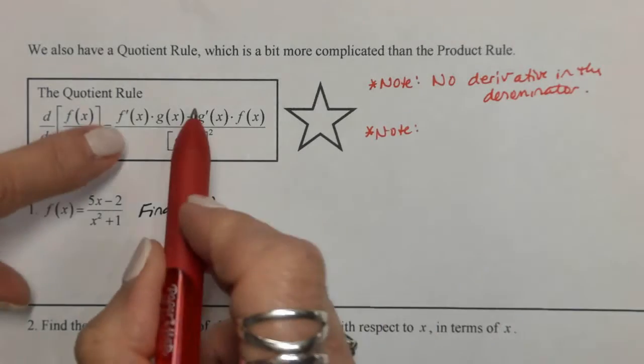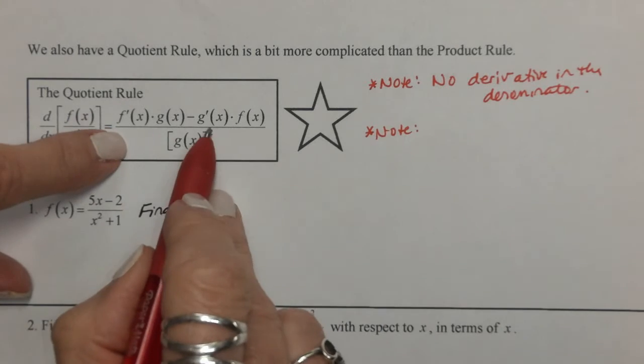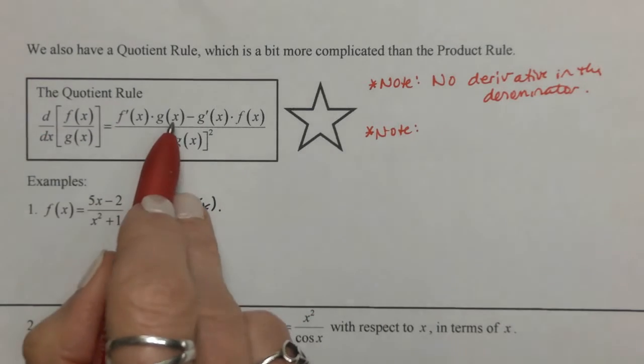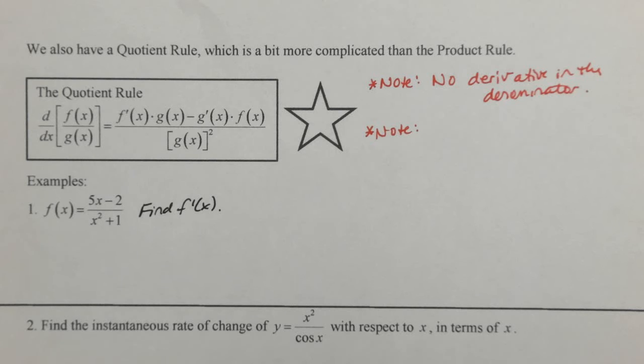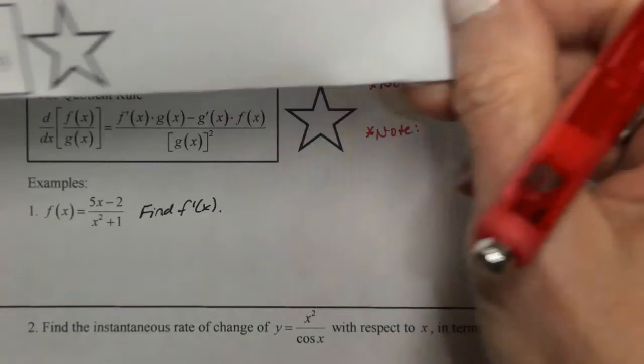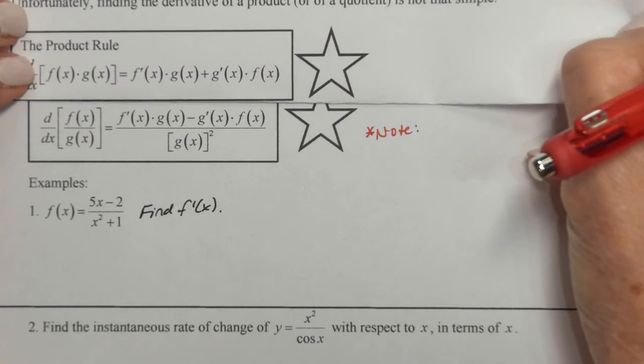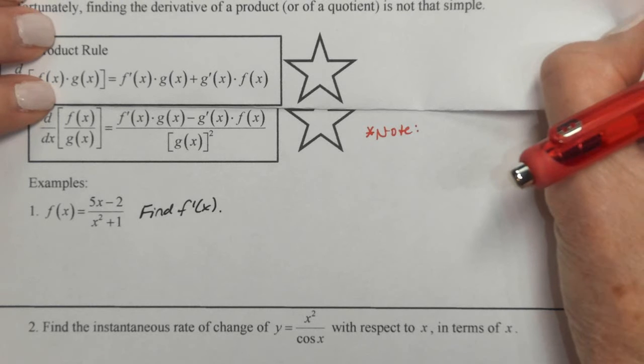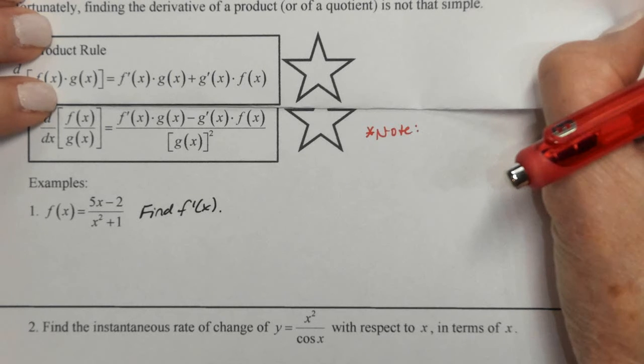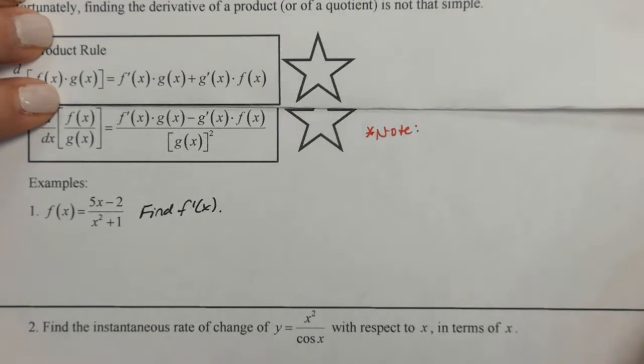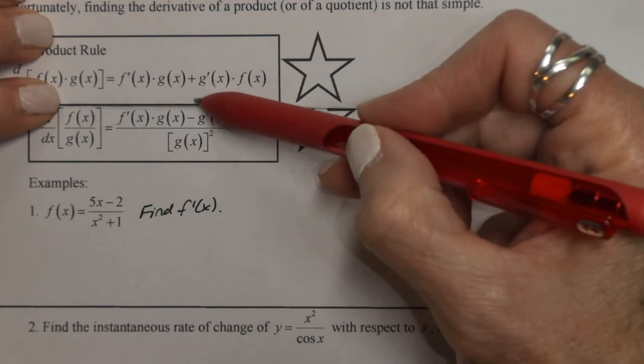In the numerator is identical to the product rule. Let me get the product rule up here. Except for one thing. Look at the numerator. The numerator is identical to the product rule except for the plus sign.